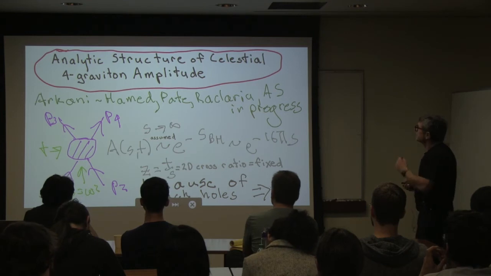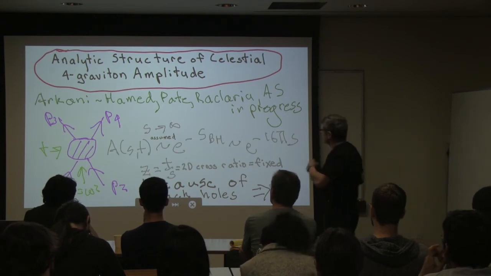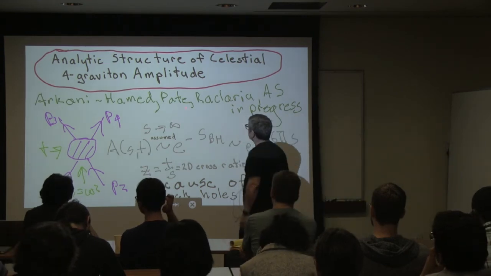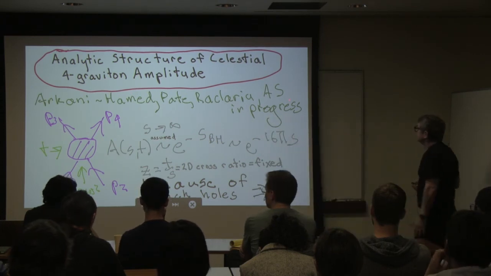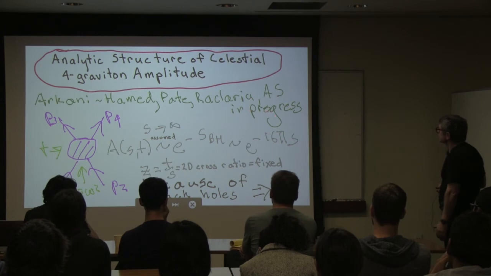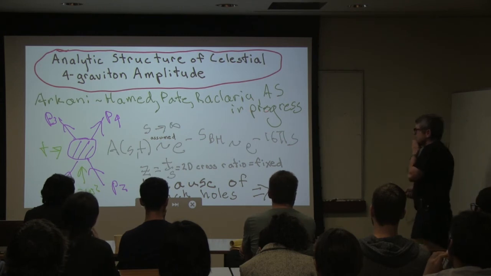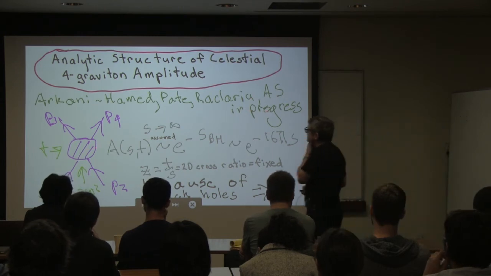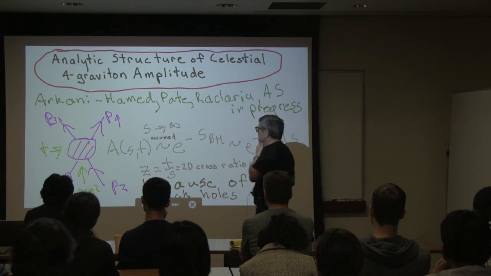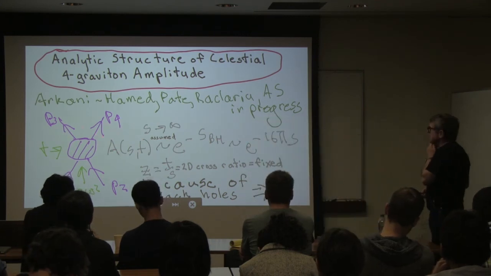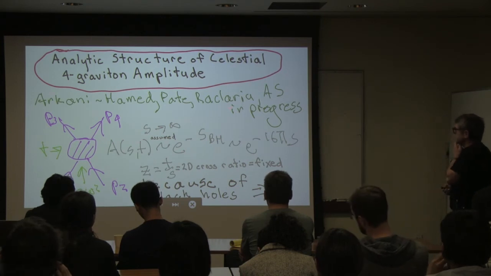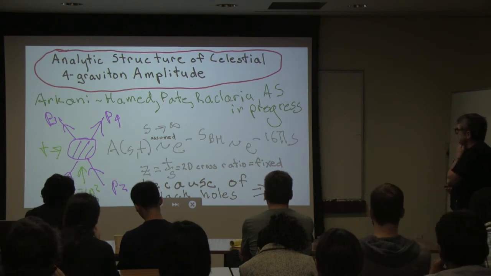Okay, so now I'm going to go on to some work in progress, which is very much in progress, asking a different kind of set of questions about this. Again, with a postdoc and student at Harvard and Nima.